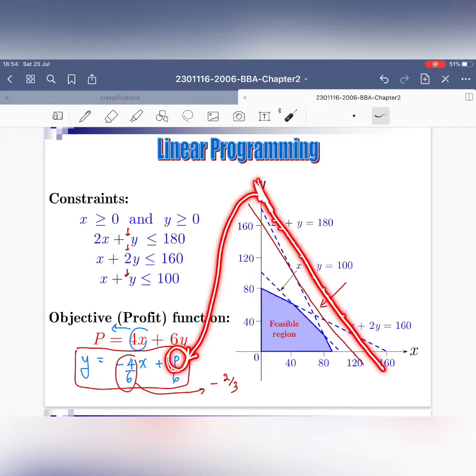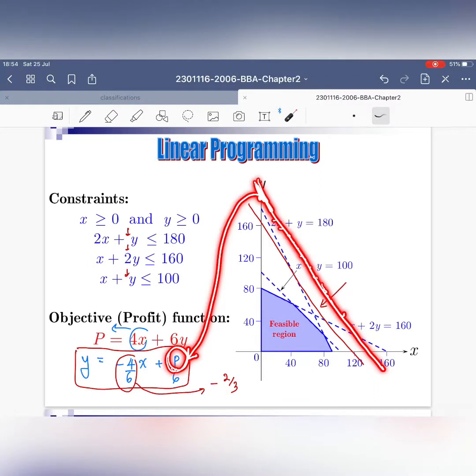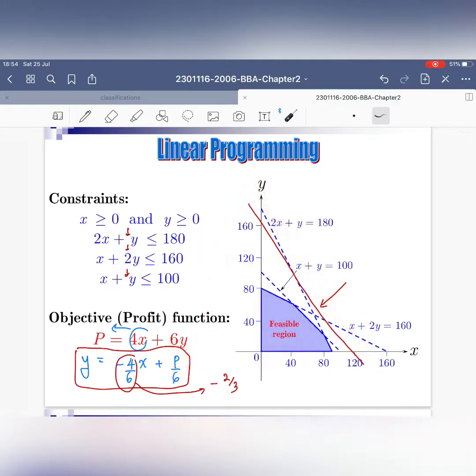However, can we use all these points as your solution? You cannot, because right now the points you can use are only the ones in this feasible region. So what does this mean? Instead of going higher to have more profit, you need to move it below, because even though this one gives you higher profit than that one, you are going to use the one that at least has something in the feasible region.